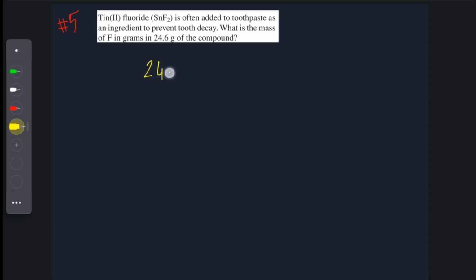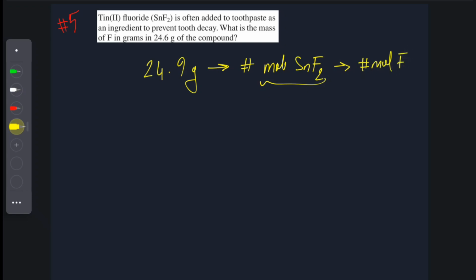We have to know the mole of this amount of compound, so we should convert it to the mole of tin fluoride. If you know the mole of tin fluoride, then we will know the mole of the fluoride part.